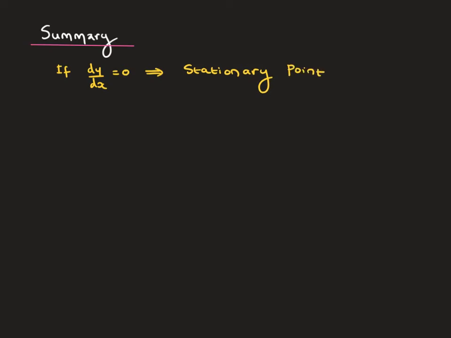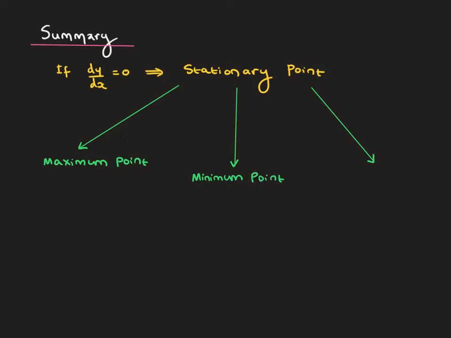Now, from here, we know that there are 3 possible outcomes for a stationary point. What are the 3 possible outcomes? We could have a maximum point, we could have a minimum point, or we could have a stationary point of inflection.